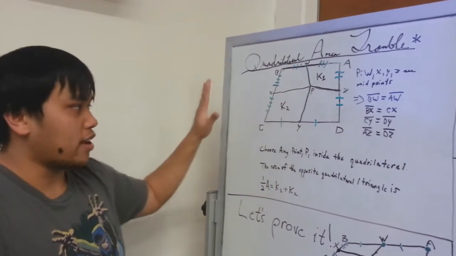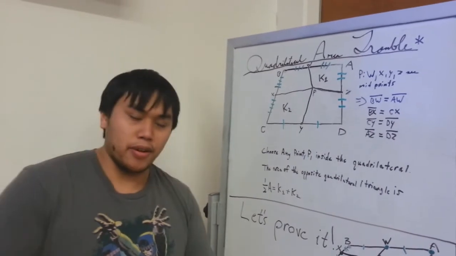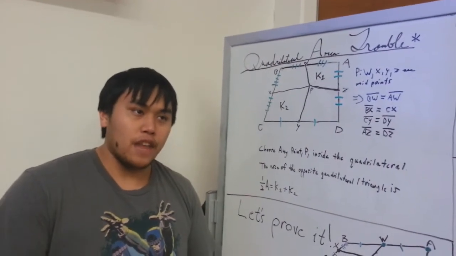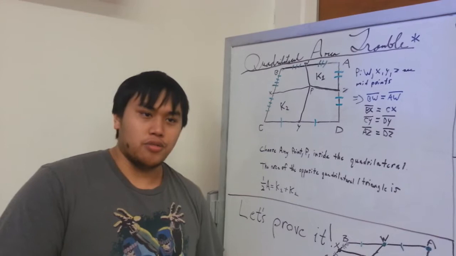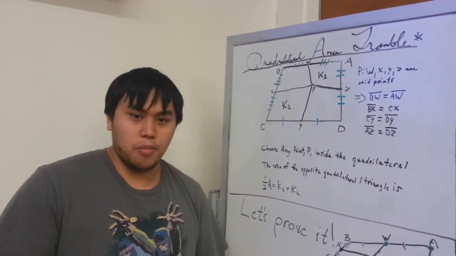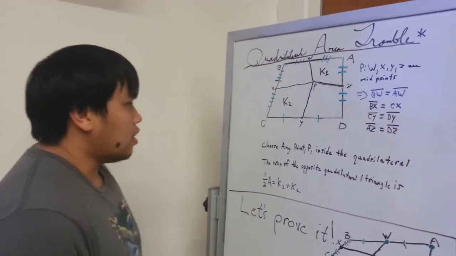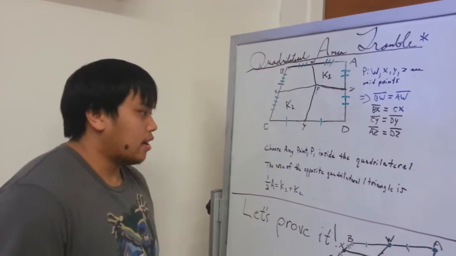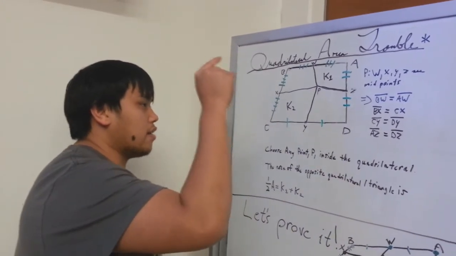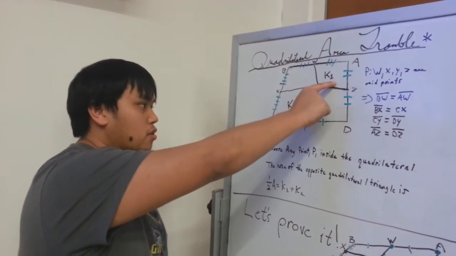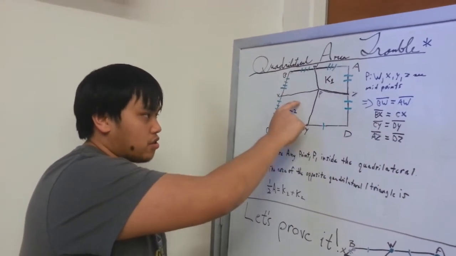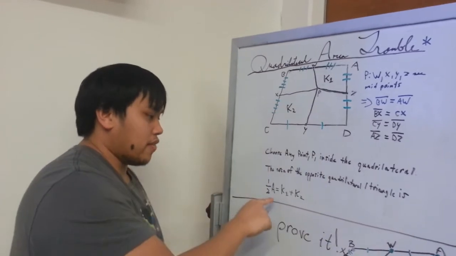I'm going to refresh you on what a midpoint is if you've never experienced it before. If you've never heard what a midpoint is, do not worry about it. I'll explain it. So the assertion is that the area of this quadrilateral or triangle plus the area of this quadrilateral or triangle is equal to half the area.